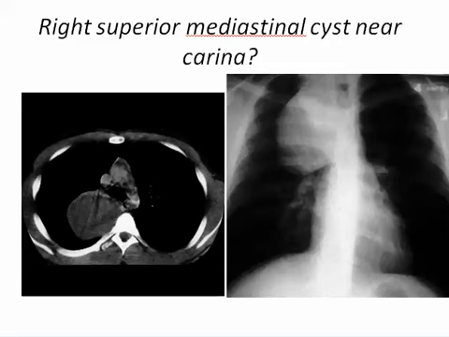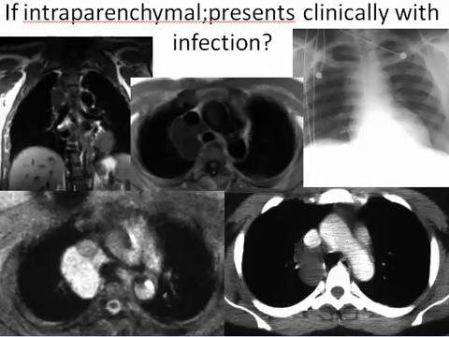Here we have a right superior mediastinal cyst near to the carina. So we want a differential. Could be bronchogenic, could be duplication, could be neuroenteric. If the cyst is intraparenchymal, it usually presents clinically with recurrent infection.